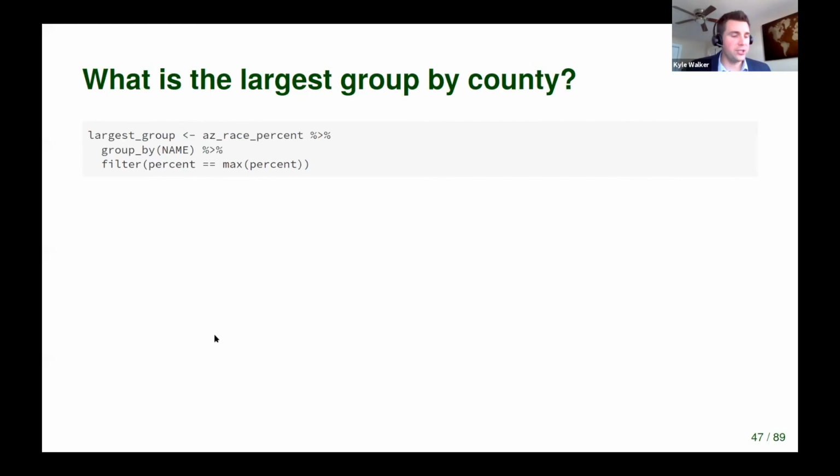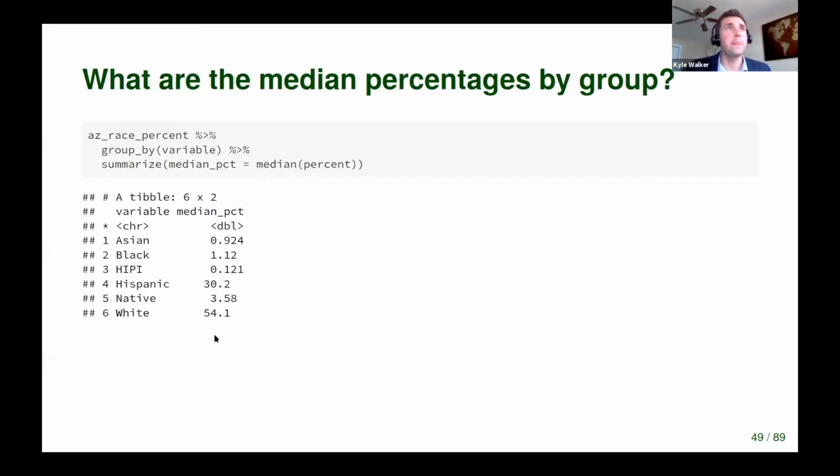We might also be interested in a workflow where we ask, well, okay, I'm trying to get a little bit of a sense of how racial and ethnic diversity varies across these different counties in Arizona. Maybe I take a look at what the median percentage is for counties in Arizona by group. And here I'm using a group by summarize workflow.